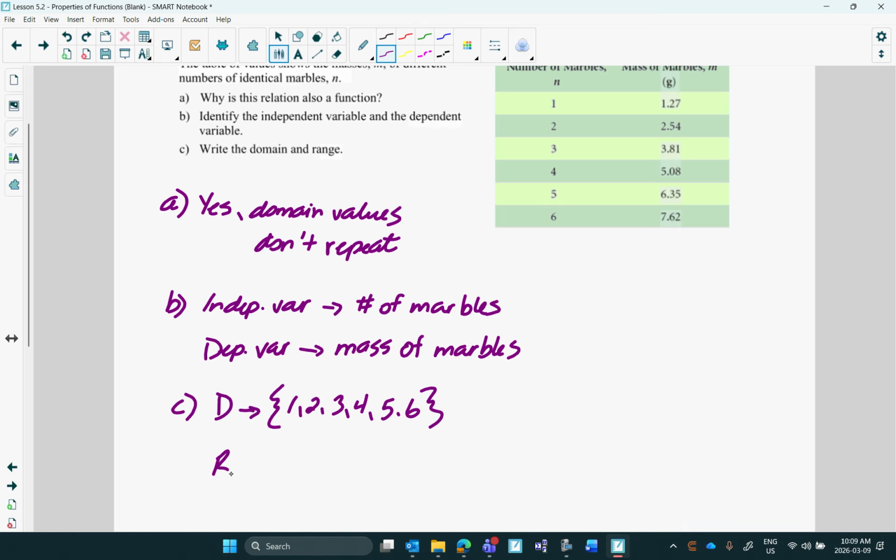And the range, open a set of braces, and it would be all the numbers you see in the second column: 1.27, 2.54, 3.81, 5.08, 6.35, and 7.62.